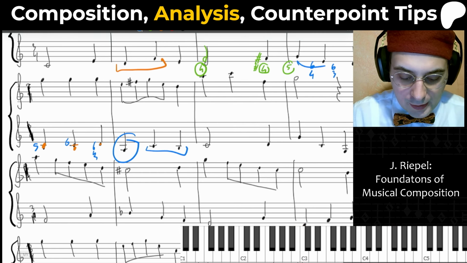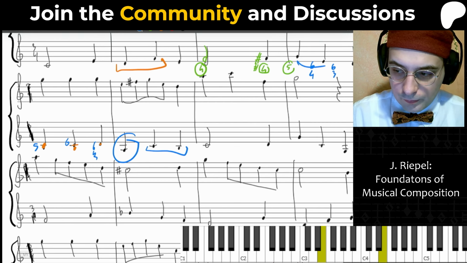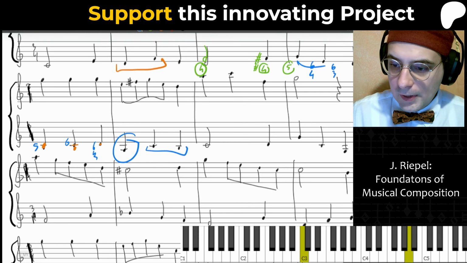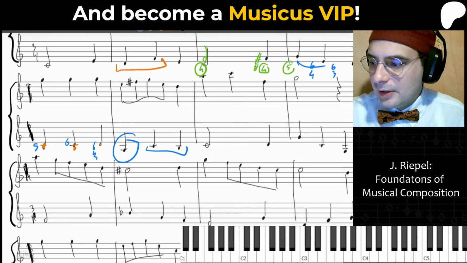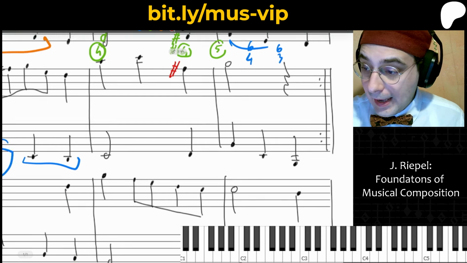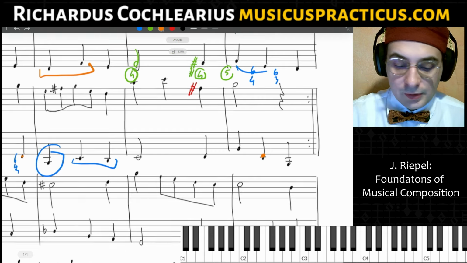No, something in contrary motion. Because the end, the final cadence is very nice. This works. And one more thing, here we need a D, a D because this is an arpeggio.